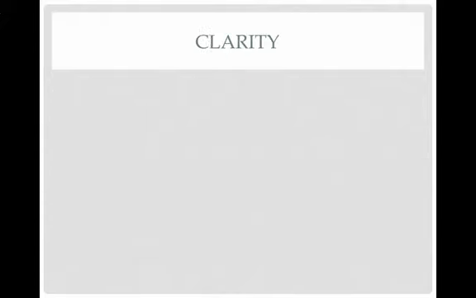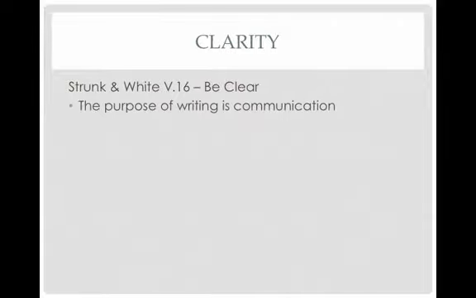Okay, what about clarity? Strunk and White in Part 5, reminder number 16, says to be clear. This is probably the most important thing I want you to come away from this class about writing. Clarity is absolutely the most important thing.